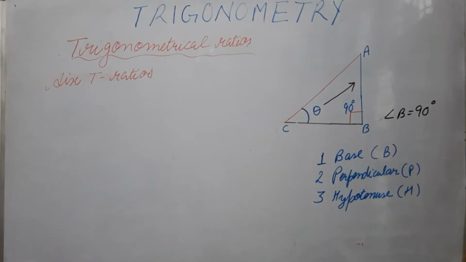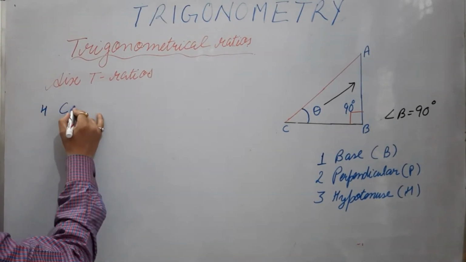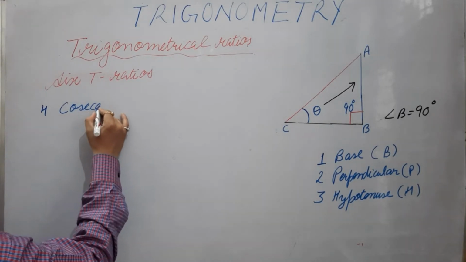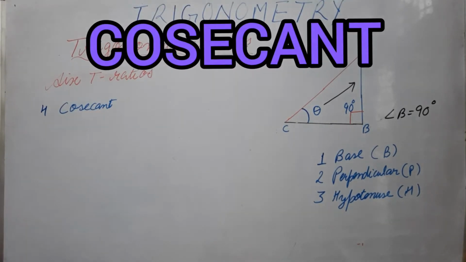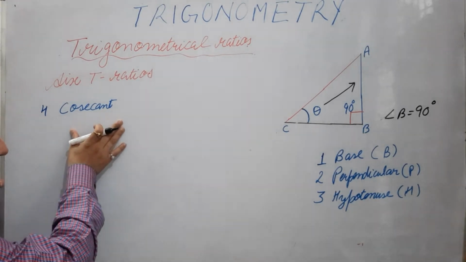Right. The next T ratio is the cosecant. Cosecant is again a ratio between lengths. And what are the lengths for the cosecant?